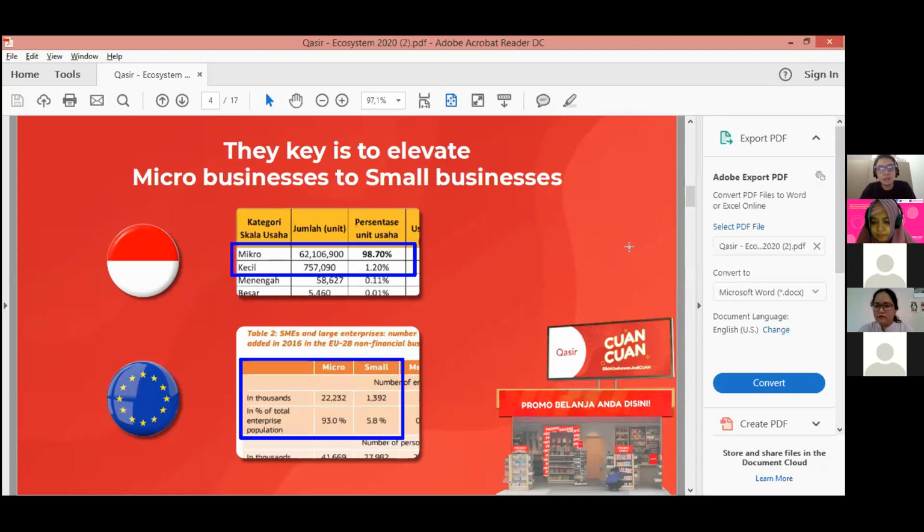Micro business in Indonesia is 98% and small business is 1.2%. In the European Union, it's 93%, but small business is almost 6%. So if we are going to make Indonesia a developed country, we need to elevate micro businesses to become small businesses. We make micro businesses grow, and then they become small businesses. We hope that if we help micro businesses, the small business percentage will grow robust, and the economy will get better and improve.